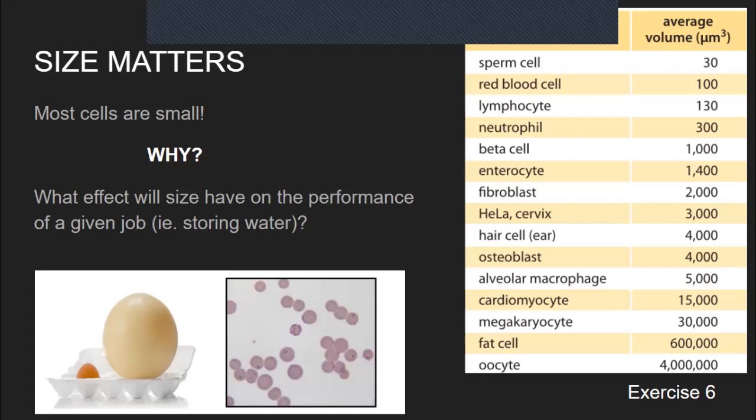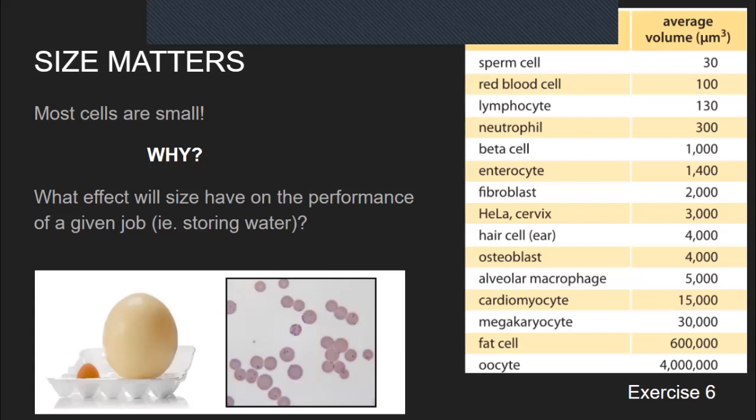But I gave an example here too. There's another job like storage. If your job is storage, you don't want things passing across your surface a lot because you're trying to keep it contained. So things that are storing things are going to want to be as big as possible. So that's why, for example, that large central vacuole in plant cells, that's why it's so large and why it swells up, because it is storing that water.